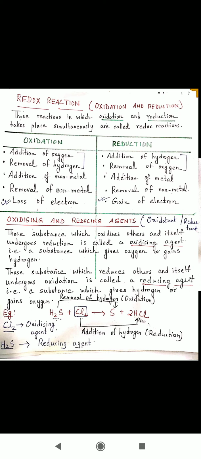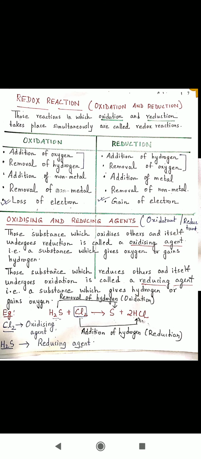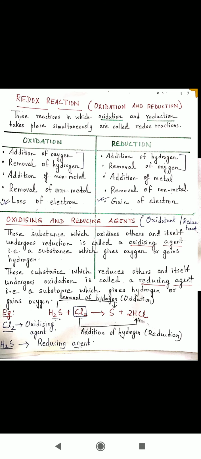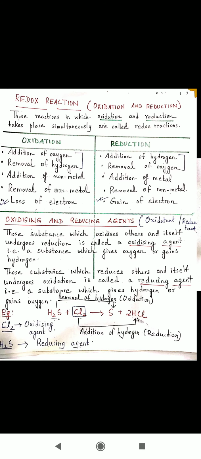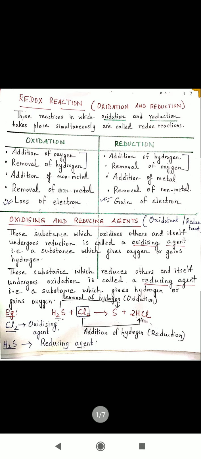Similarly, in chlorine to HCl we find addition of hydrogen takes place. So here it is reduction. Now Cl2 here acts as oxidizing agent because it itself undergoes reduction, and H2S acts as reducing agent. So I hope you have understood what is oxidation and reduction.